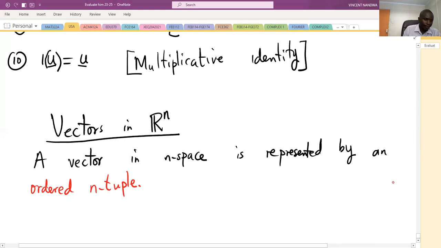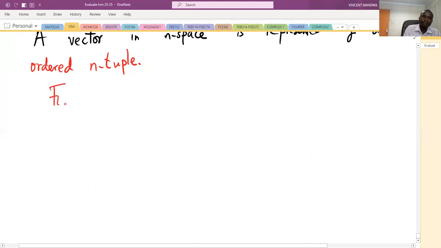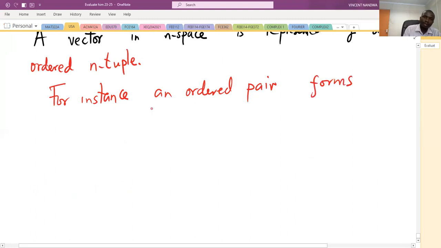For instance, an ordered pair forms x1, x2. So this is called R2.